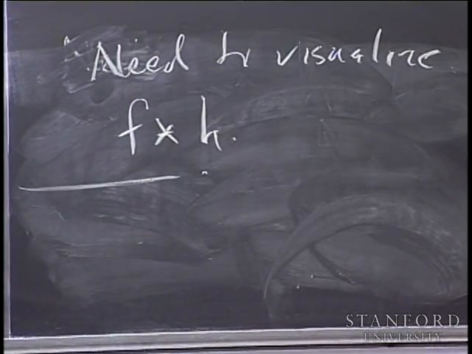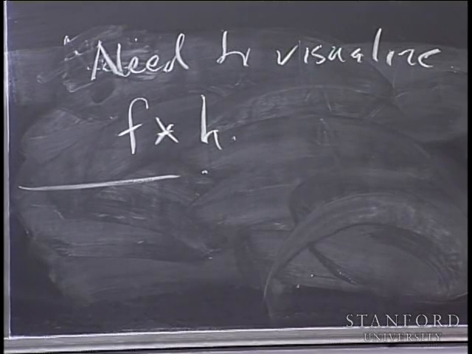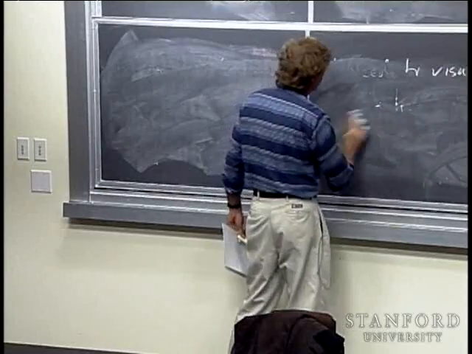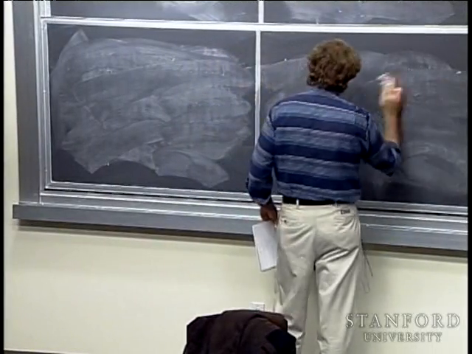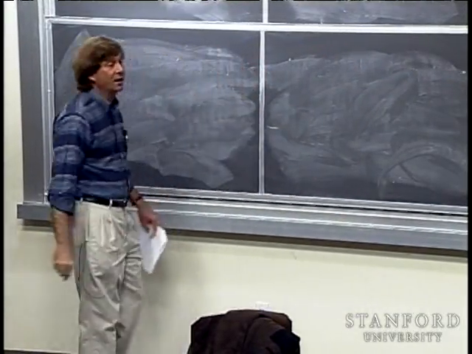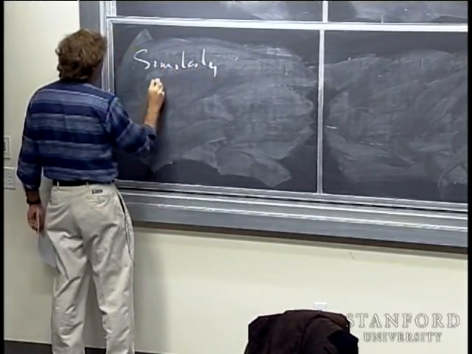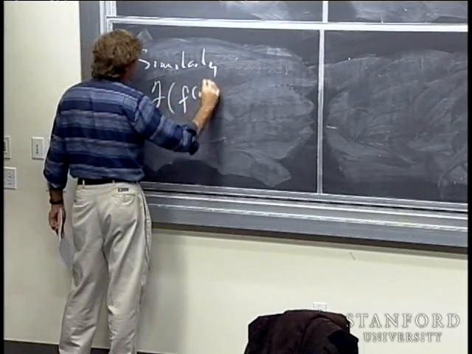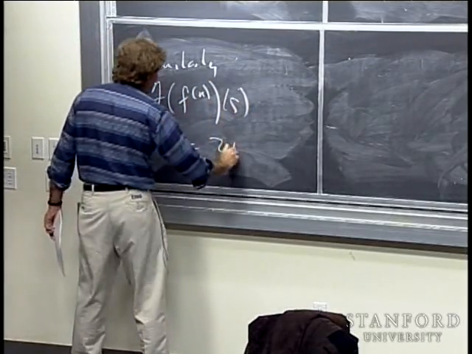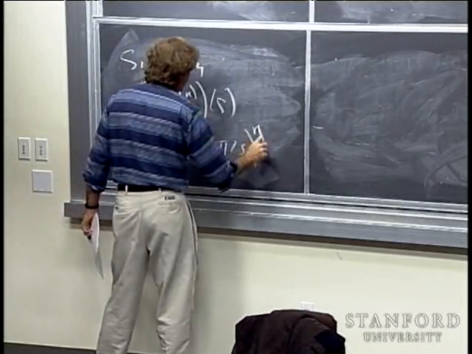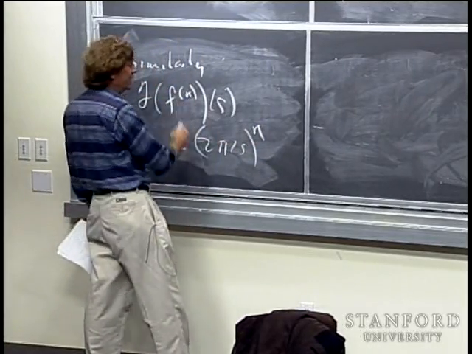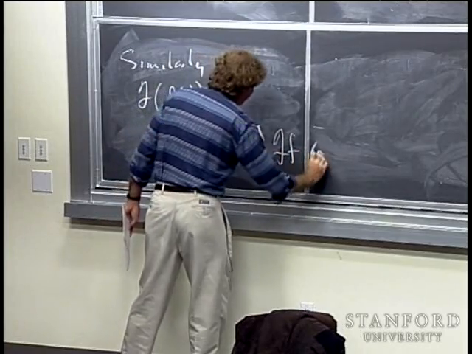This is a fundamental property of the Fourier transform and is really one of the reasons why it comes up in a lot of different applications, beyond what we're going to talk about right now, but it comes up quite often. And similarly for higher derivatives. The Fourier transform of the nth derivative is (2 pi i s) to the n, ordinary power, this is the nth derivative, times the Fourier transform of the original function, f. Okay?